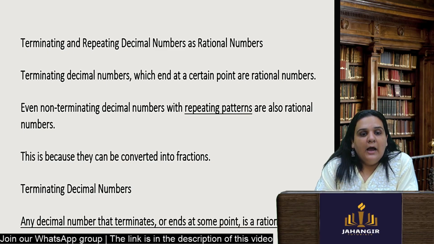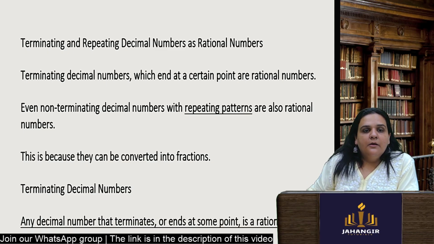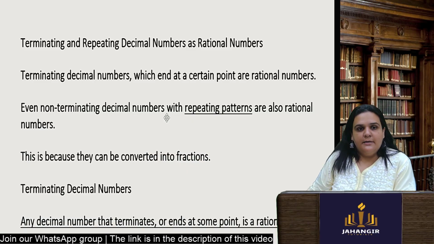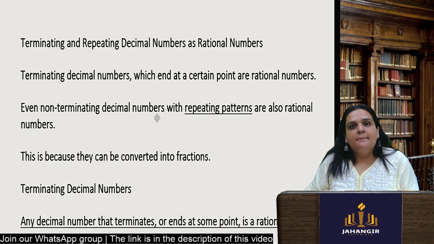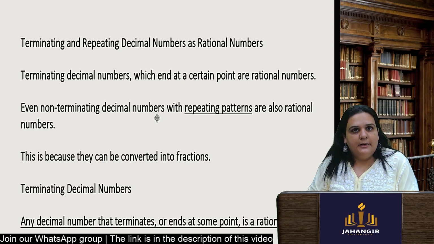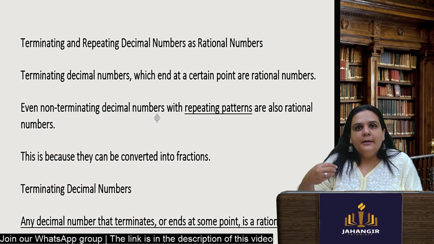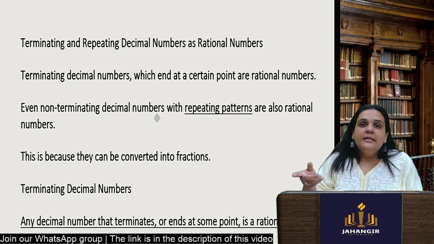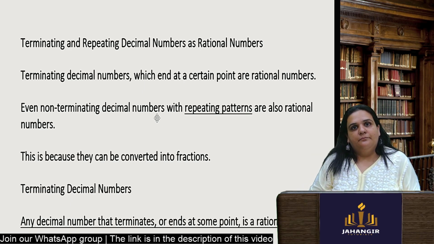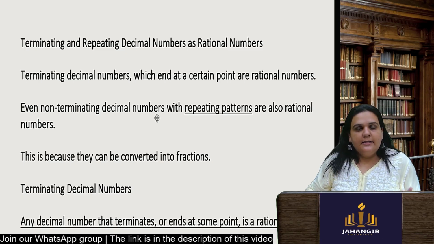Terminating decimal numbers which end at a certain point are rational. Even non-terminating decimal numbers which have some repeating pattern are rational. They are not able to get terminated, but they have a repeated pattern in the decimals. Then they are also rational.